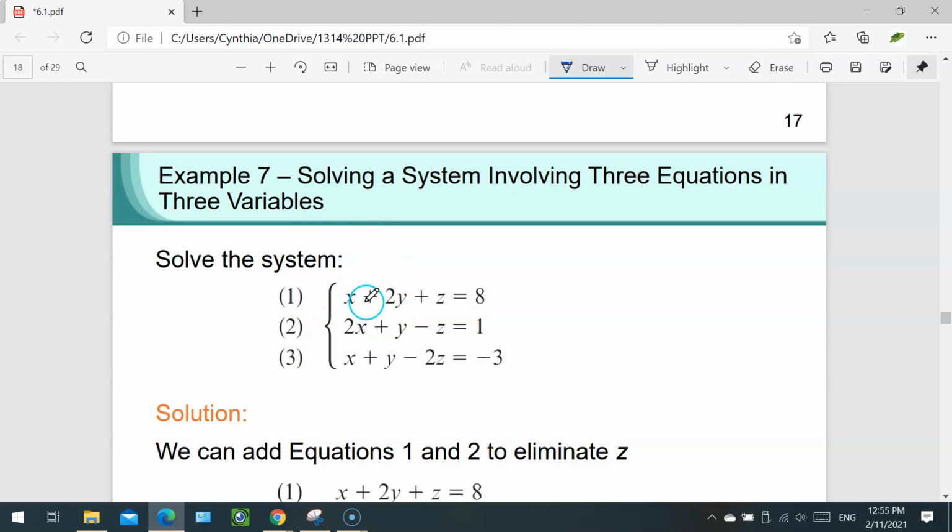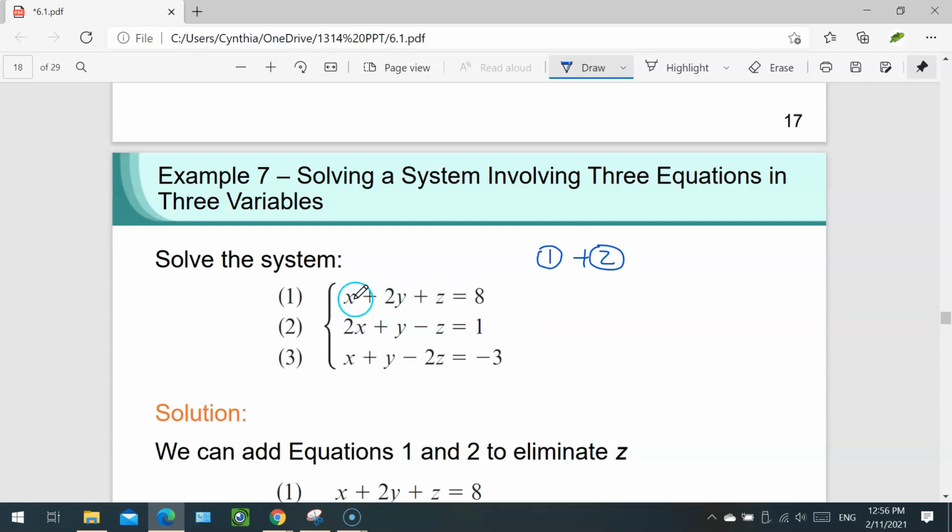So from this question, from the first equation and the second equation here, I saw the z, so I can eliminate it. In order to eliminate z, I add the first equation and the second equation.